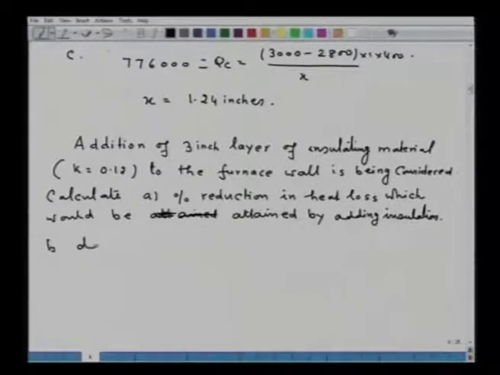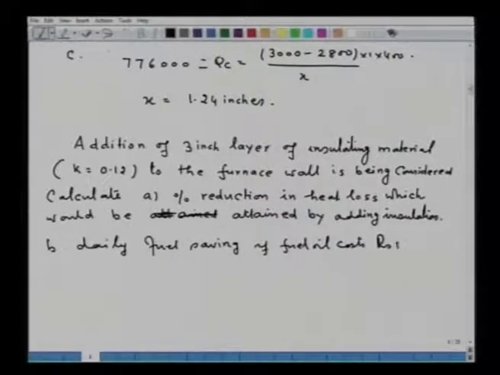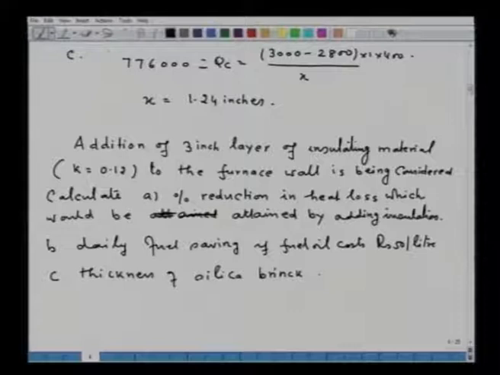B, daily fuel saving. If fuel oil costs rupees 50 per liter, you may substitute the actual price also here. And C, thickness of silica brick exposed to 2800 degree Fahrenheit after adding insulation.